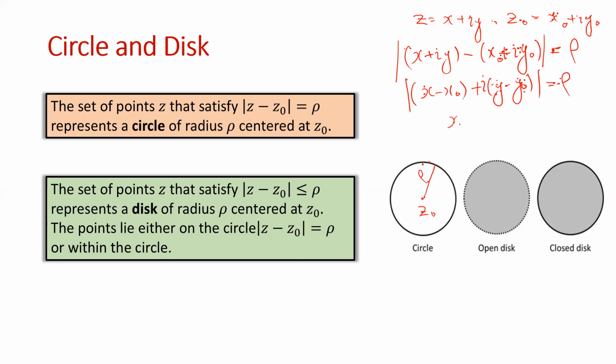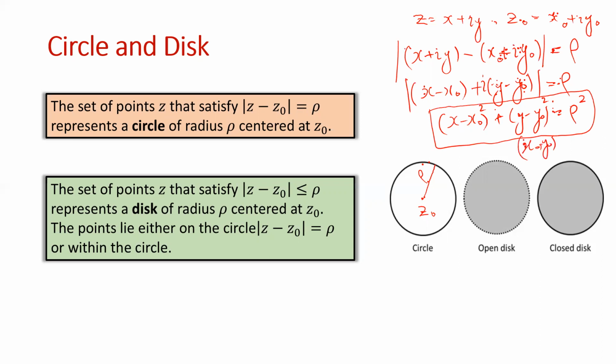Taking the mod, it is the square root of (X - X0) squared, the real part squared, plus (Y - Y0) squared, the imaginary part squared, equal to rho. Taking square on both sides, it becomes (X - X0)^2 + (Y - Y0)^2 = rho^2, where X and Y are real numbers, and X0, Y0 are both real numbers. So this is the equation of a circle with center at (X0, Y0) and radius equal to rho. So that is another approach to visualize this.